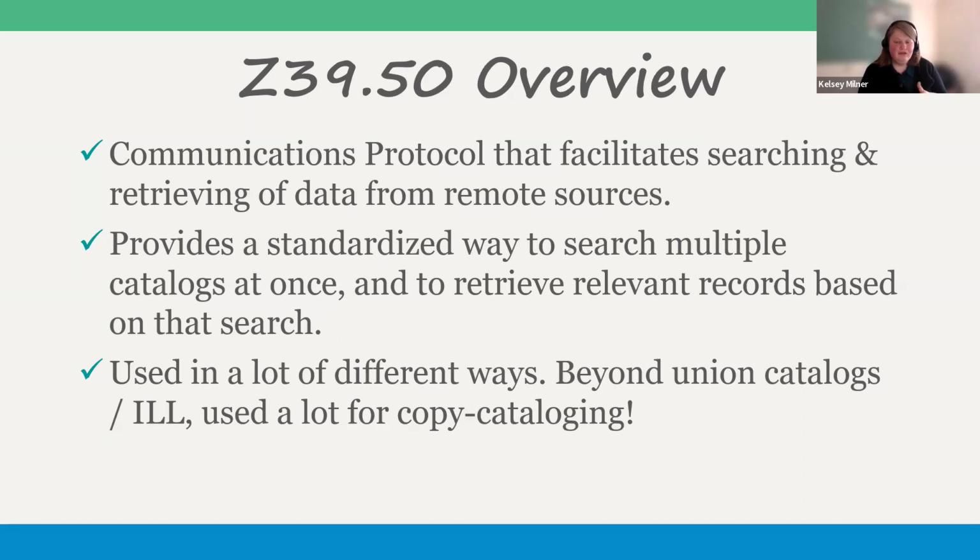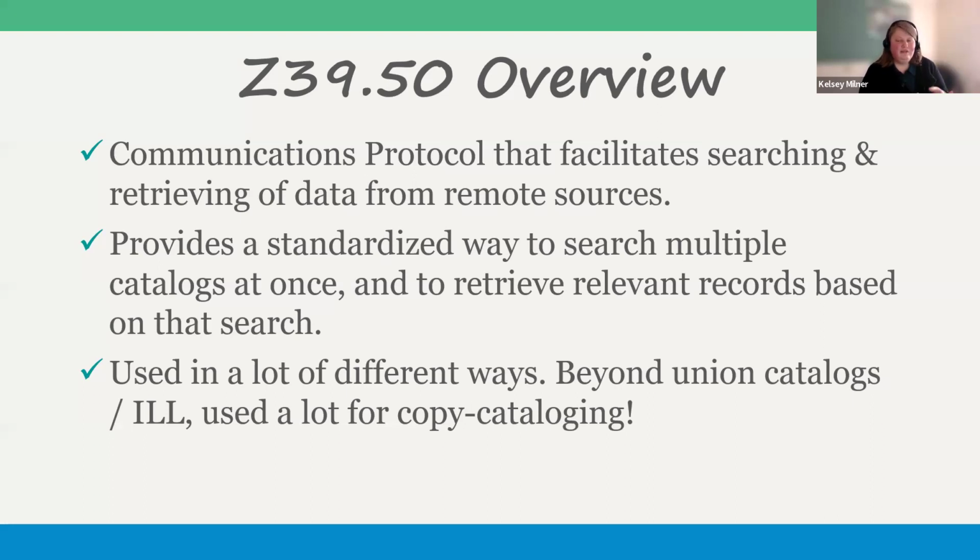I read one overview of Z39.50 that described it as an Esperanto language, which I thought was a neat way of describing it. Esperanto was initially developed to be a universal second language, and to accomplish that, it took words and language structure from languages all over the world. So essentially, when a search is placed in SEAL, the request is sent to each of the individual library servers, or targets as they're called, and then they respond with results based on their interpretation of the search.